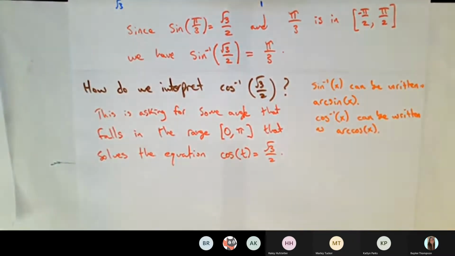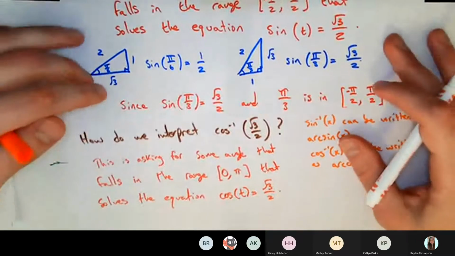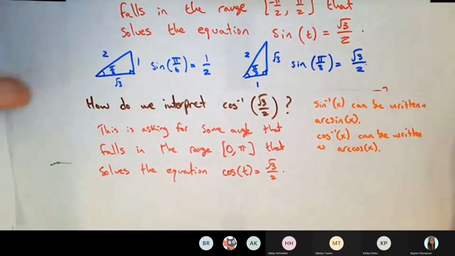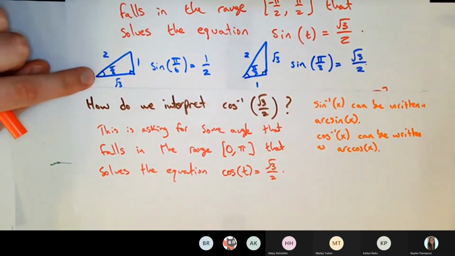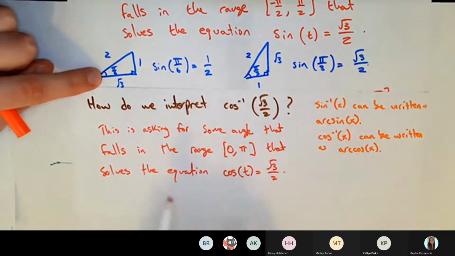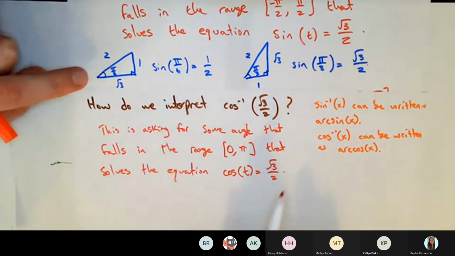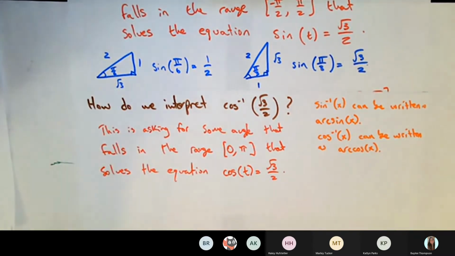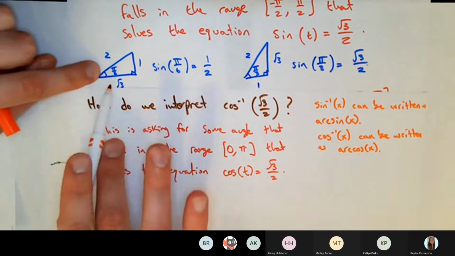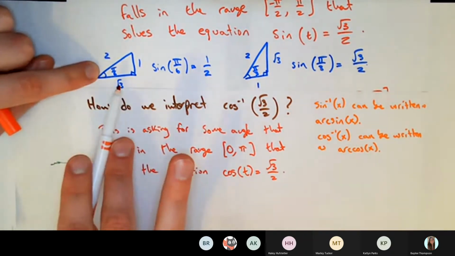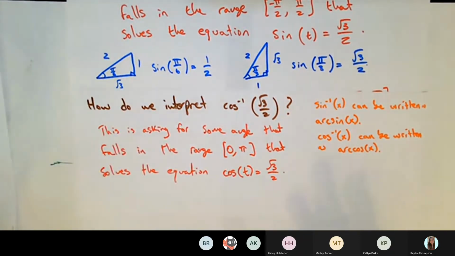Now from our earlier picture with the reference triangles, we know that cosine of pi on 6 is going to give us 1/2, but no, it's not. What am I saying? Cosine of pi on 6 is adjacent over hypotenuse, so that gives us square root of 3/2. So the angle we're looking for is pi on 6.